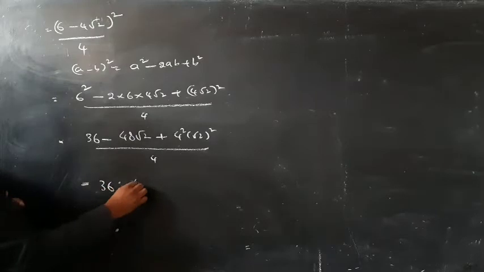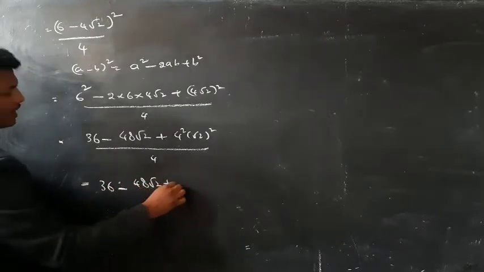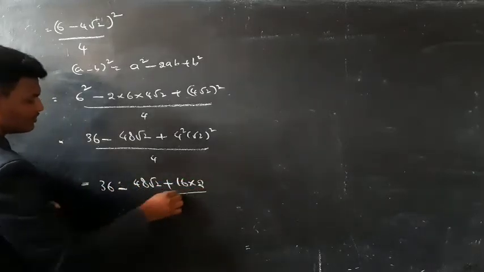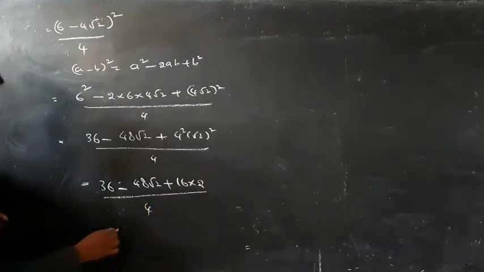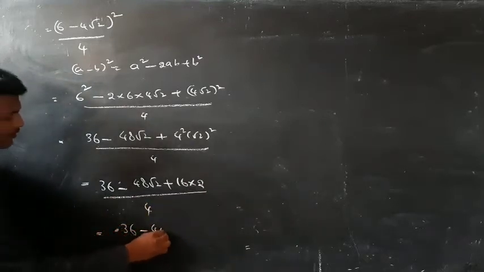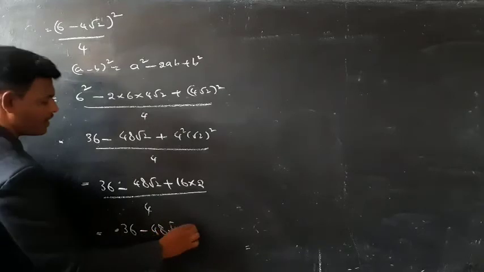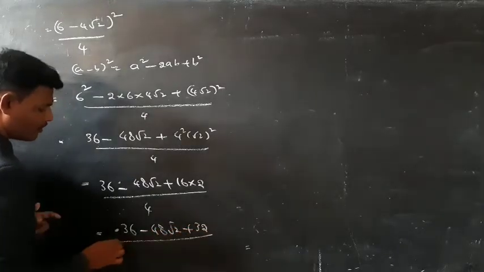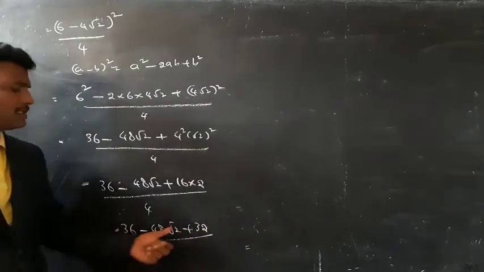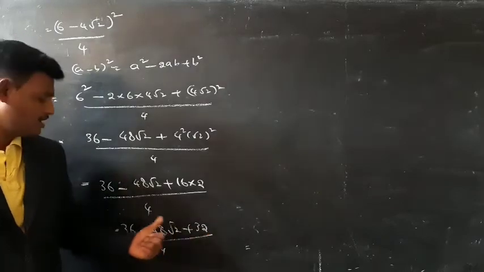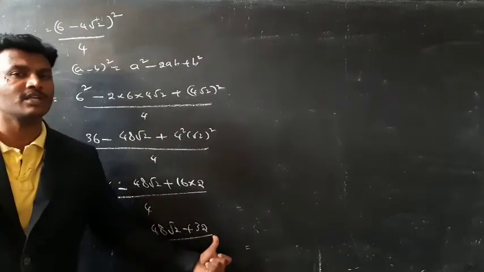36 minus 48 root 2 plus 16 into 2, by 4, is equal to 36 minus 48 root 2 plus 32, by 4. See here, 36 and 32 are like numbers. The sum of 36 and 32 is 68.